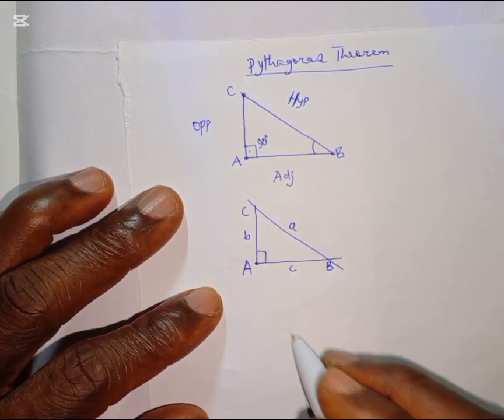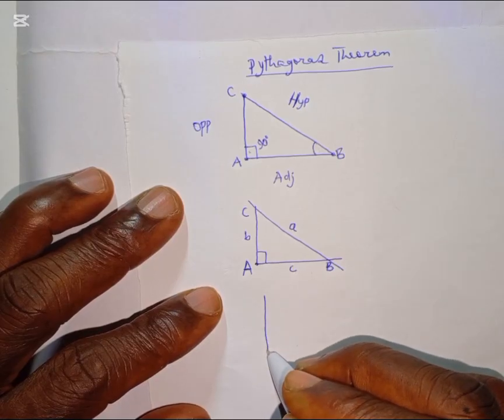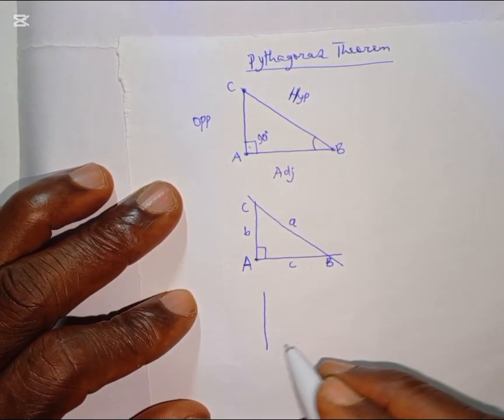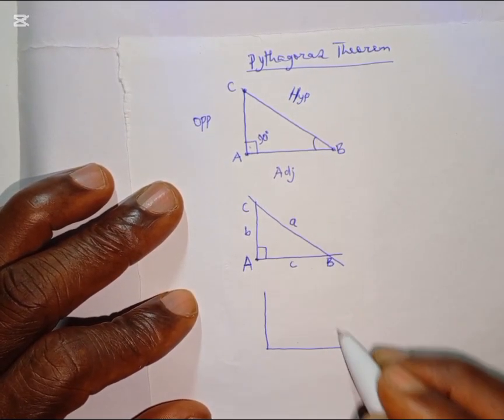So in another way, we can redraw our right angle triangle.